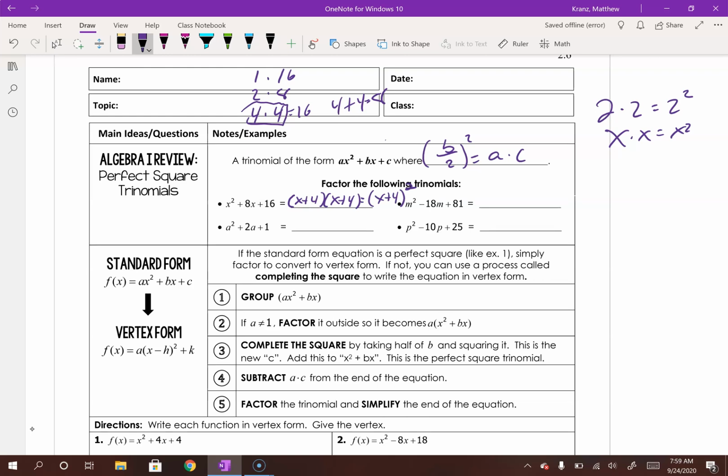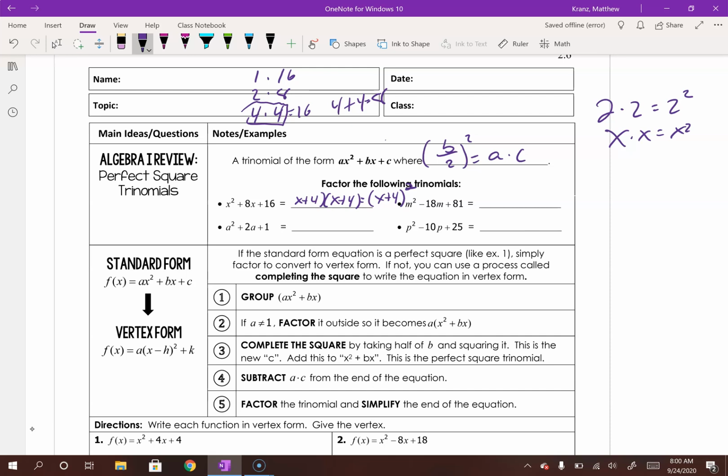Right? And this pattern exists anytime we look at these kind of things where we have a perfect square here and a perfect square there. All right, because 1 technically is a perfect square. All right, so now let's look at this next one, m squared minus 18m plus 81. So 81 is a perfect square, okay?